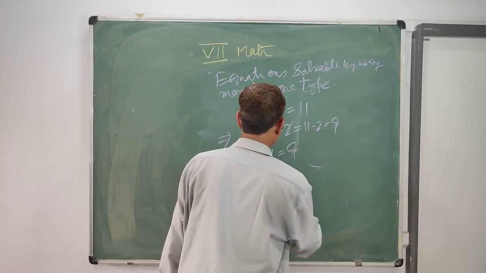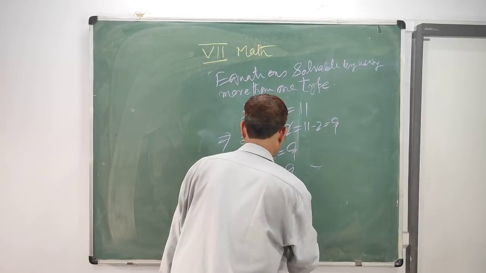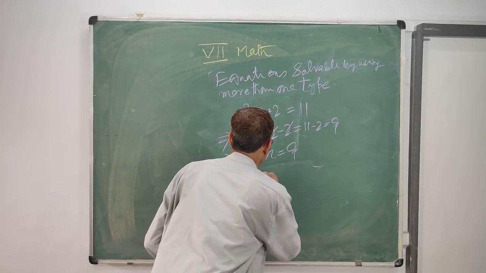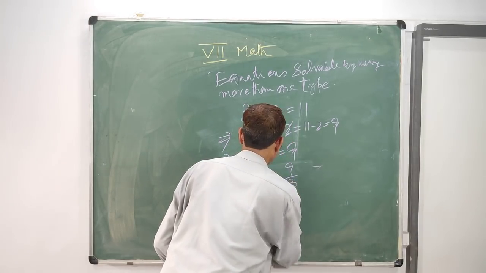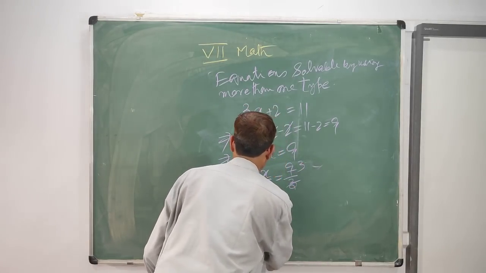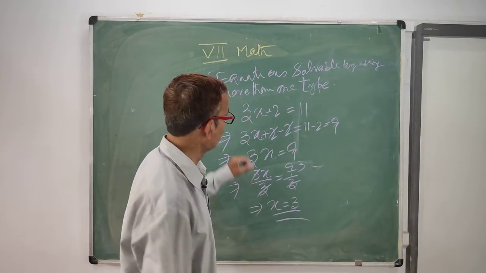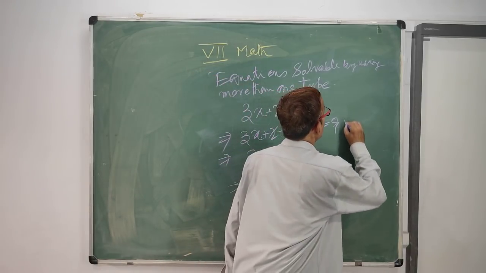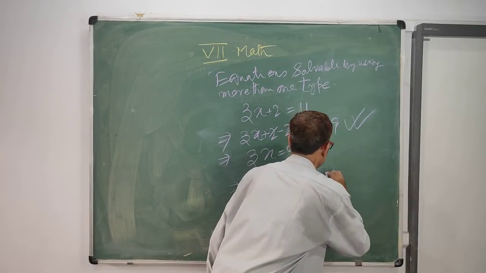Then 5x by 5 equal to 9 by 5. So in this sum you have applied one type here and one type here.